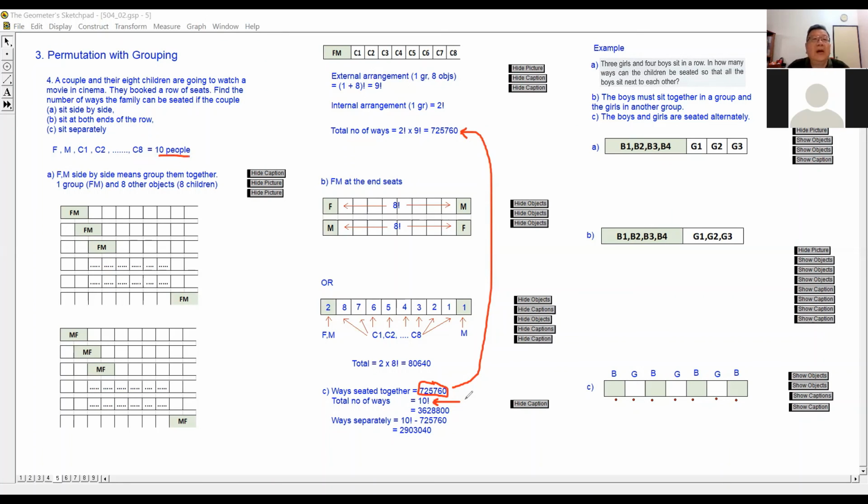So if we want them to be seated separately, we use the total number of ways minus the number of ways they sit together. The remaining will be the number of ways in which they are separated. This is like your probability, where it will be the complement.